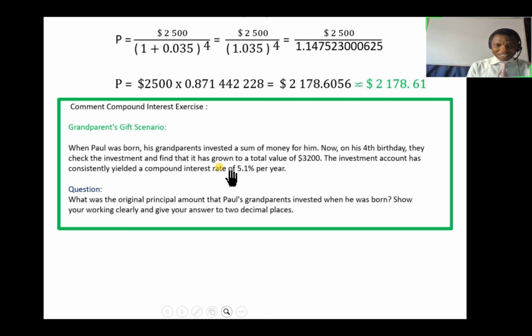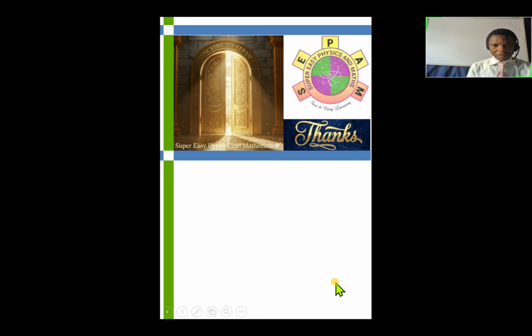The investment account consistently yields a compound interest of 5.1% per year. So what is the question? What was the original principal amount that Paul's grandparent invested when he was born? Show your working clearly. In the comment section, I want you to type in your answer to see if you actually understand this topic.